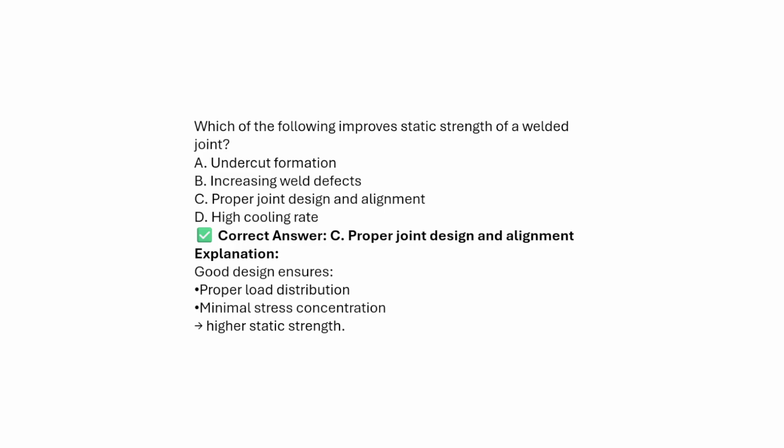Which of the following improves the static strength of the weld joint? Option A, undercut formation. Option B, increasing weld defects. Option C, proper joint design and alignment. Option D, high cooling rate.